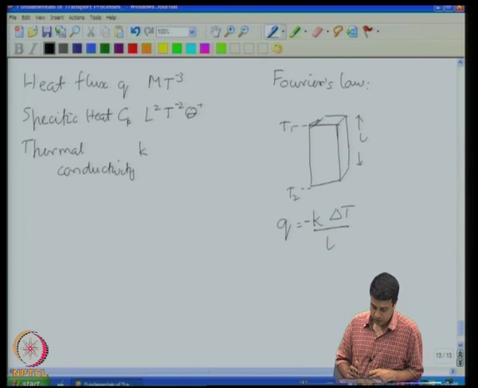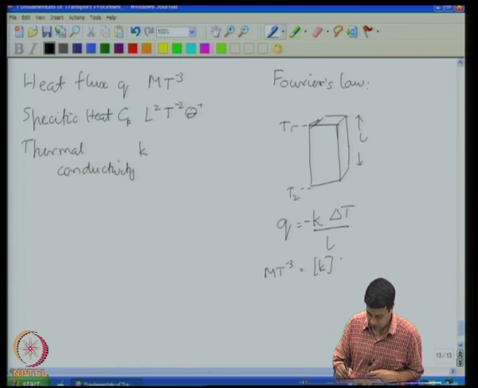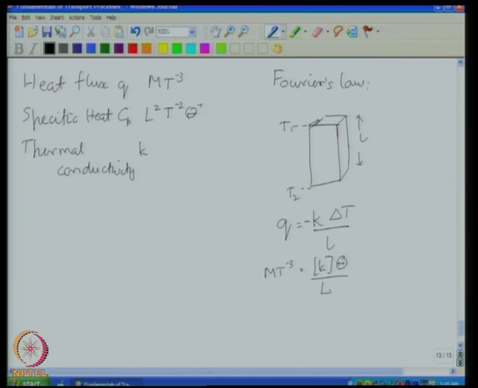So, writing down the units of this, m T to the power minus 3 is equal to the dimension of the thermal conductivity times the dimension of temperature theta, divided by the dimension of length, which is L. Putting all of these together, we find that the dimension of thermal conductivity is m L T to the power minus 3 theta inverse.